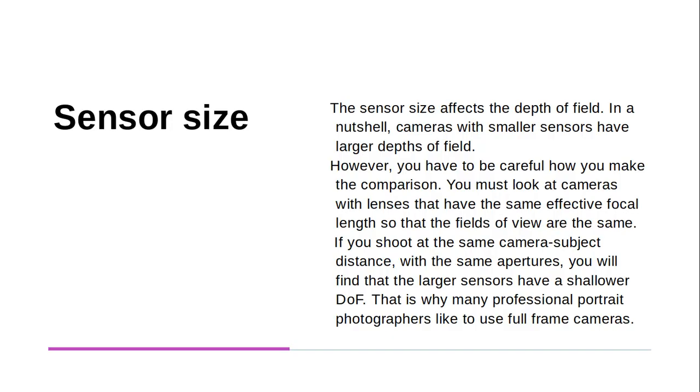The sensor size affects the depth of field. Basically, cameras that have smaller sensors have a larger depth of field. However, you need to be careful how you make the comparison, because you must look at the lens and the focal length so that the fields of view are the same.